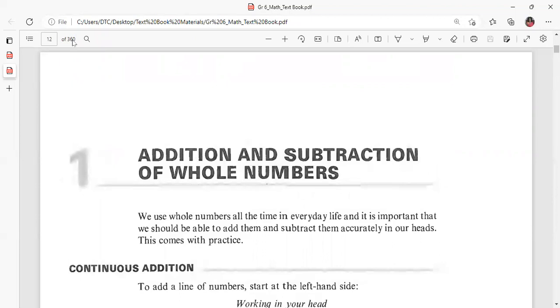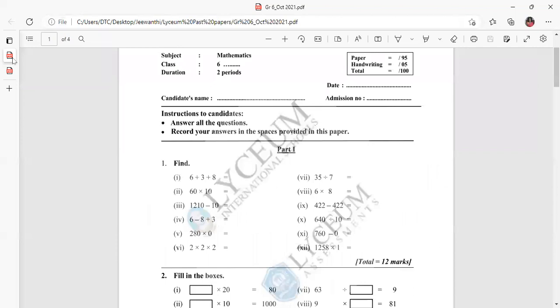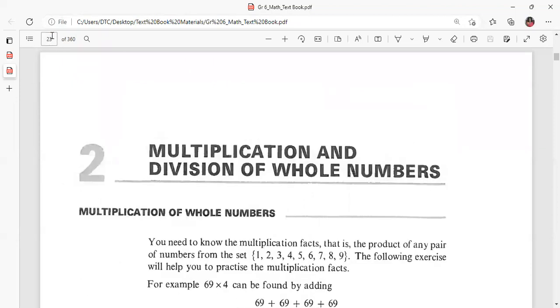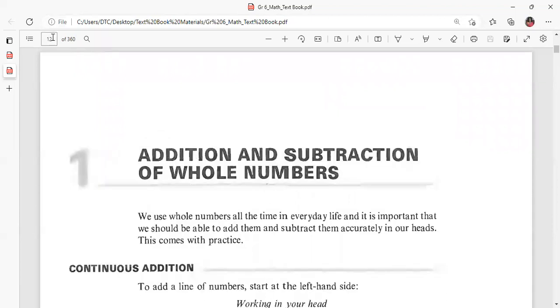You want to be thorough. If you have already done the paper and feel you want to be thorough with the content again, you can take your textbook and go to the first chapter, addition and subtraction of whole numbers. Then you can check the multiplication and division of whole numbers. You should know how to check it. Now I will guide that also.